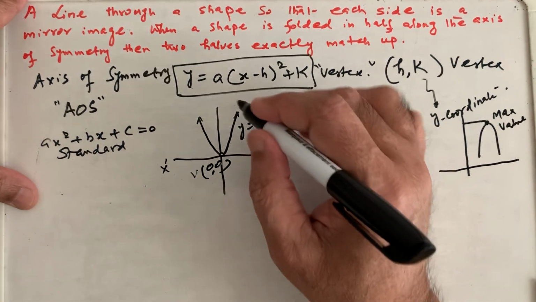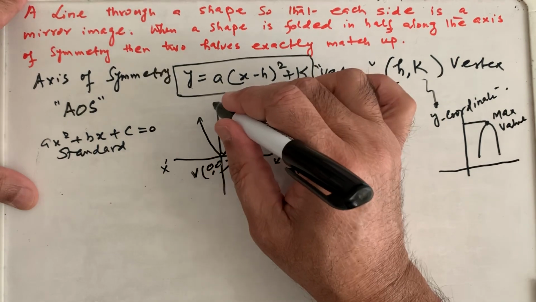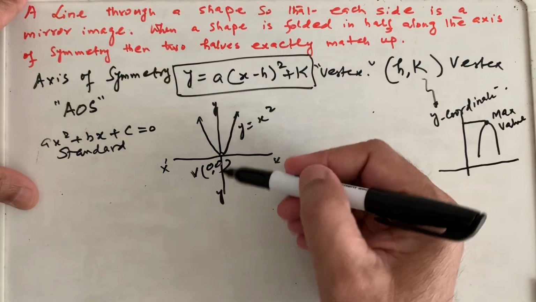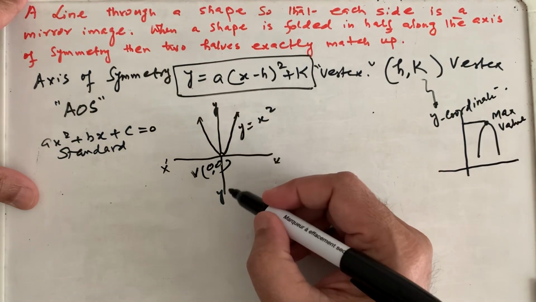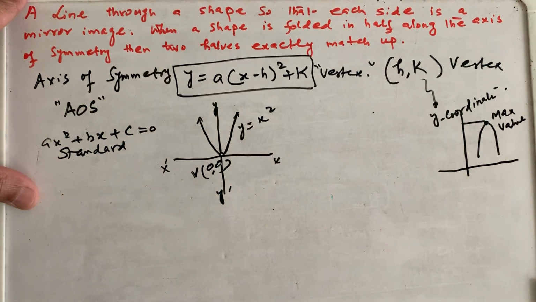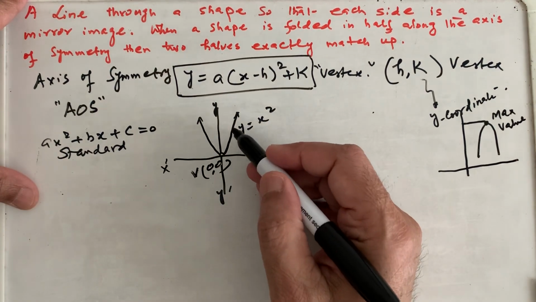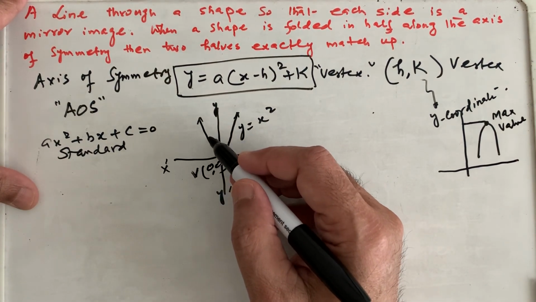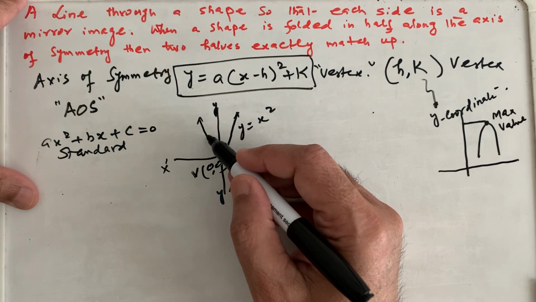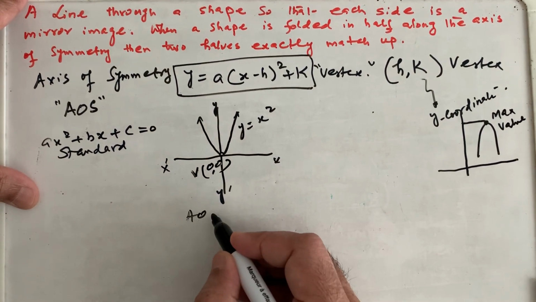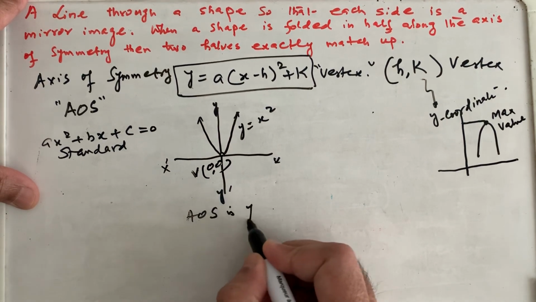What is the axis of symmetry for this parabola? You can see that the y-axis is mirroring. If we fold along the y-axis, the right part will exactly match up with the left part. So here the axis of symmetry is the y-axis.